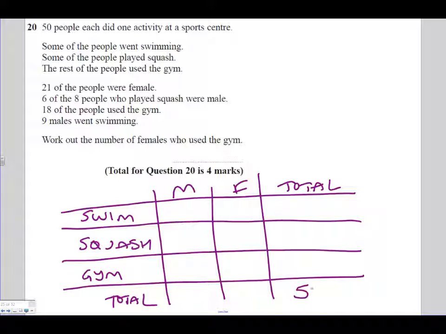So we know at the start there are 50 people in total. 21 of the people that went were females.